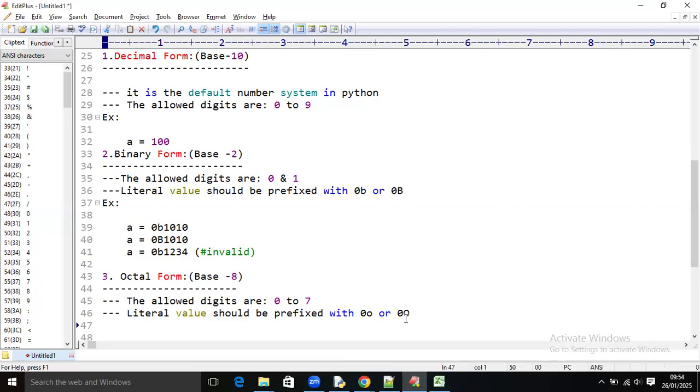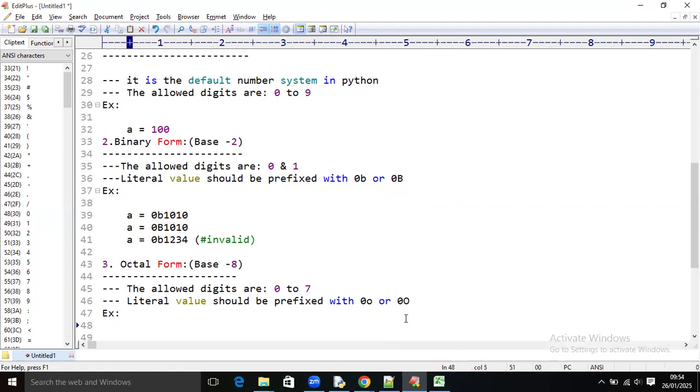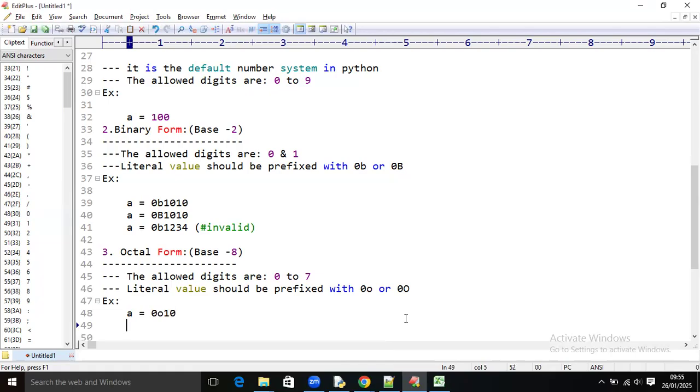So examples of this: a equal to 0o10. Next, a equal to 0O10, capital O, the second time.